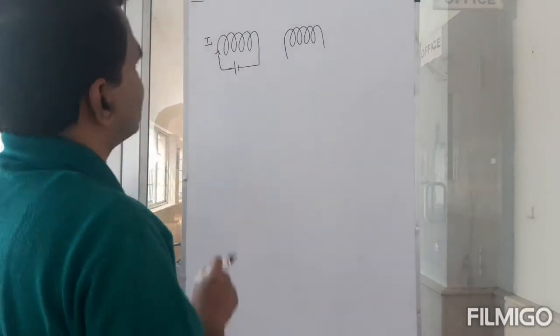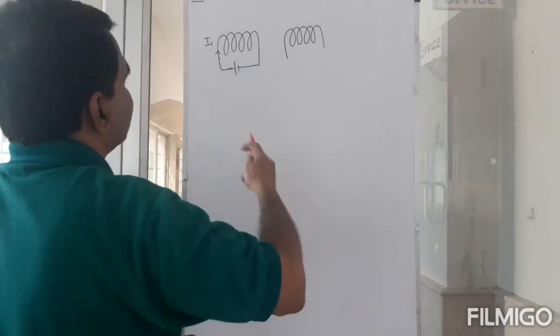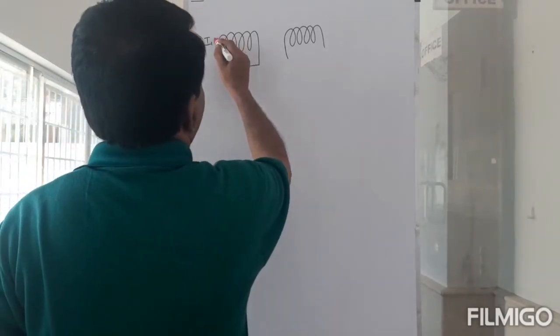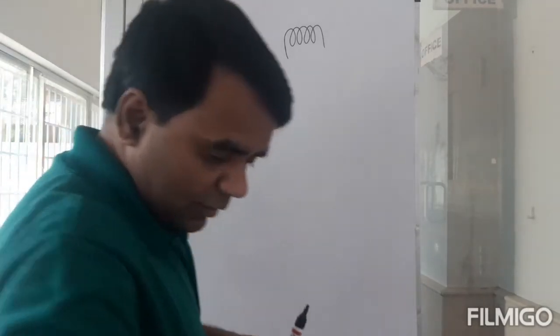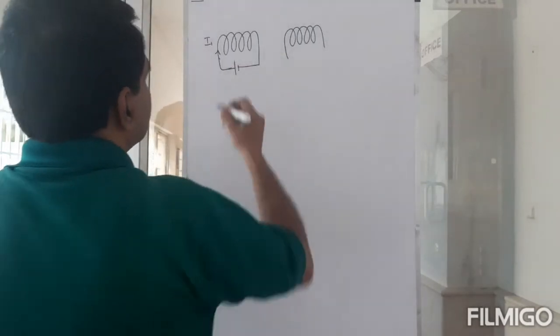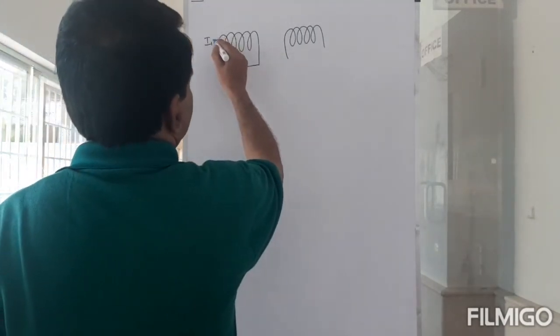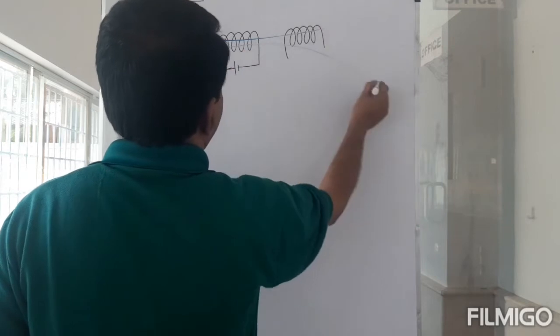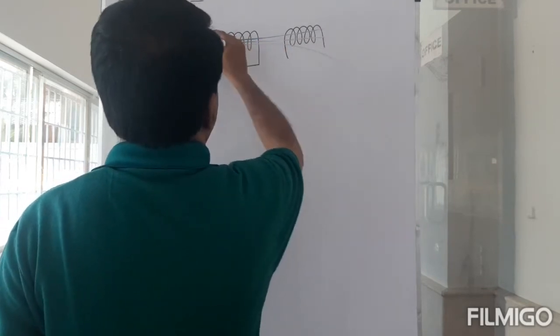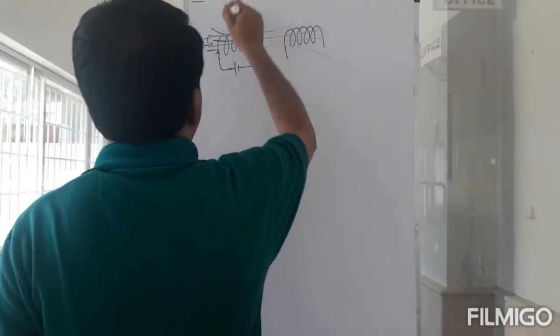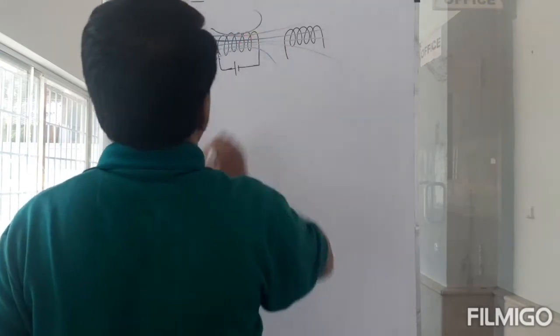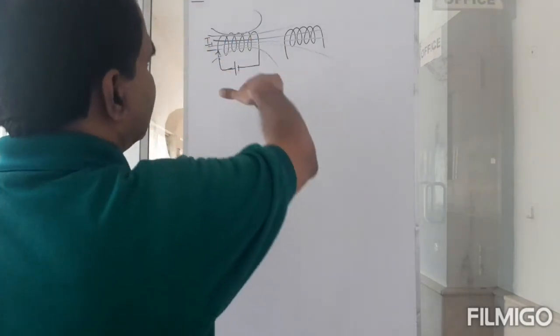So this current will have a magnetic field. I'll use blue. So this will set up a magnetic field. Which way will it go? It's going like that.